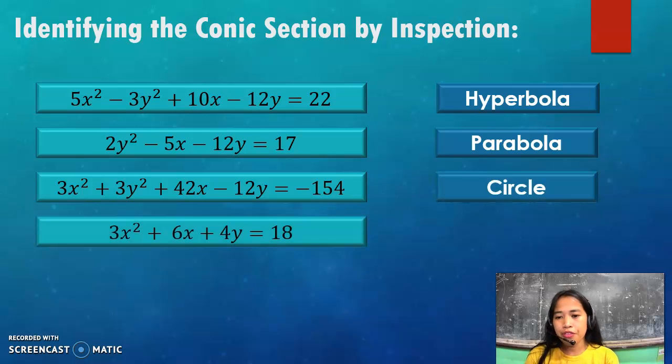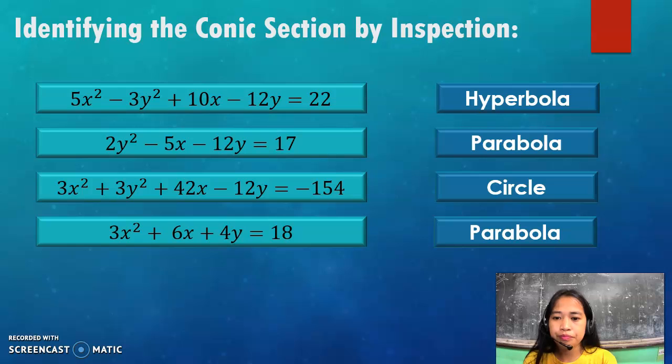Another one, 3x squared plus 6x plus 4y equals 18. What do you think is the answer? Again, if we inspect the equation, only x squared is present, there is no y squared. So if only one is present, either x squared or y squared, this is a parabola.